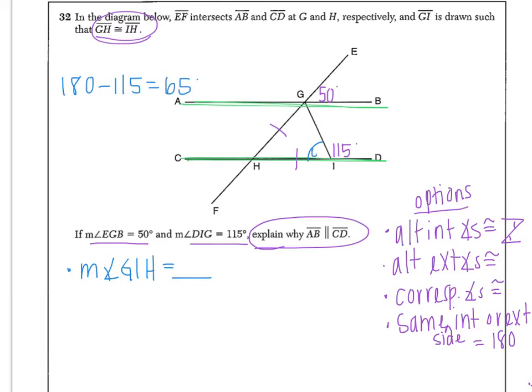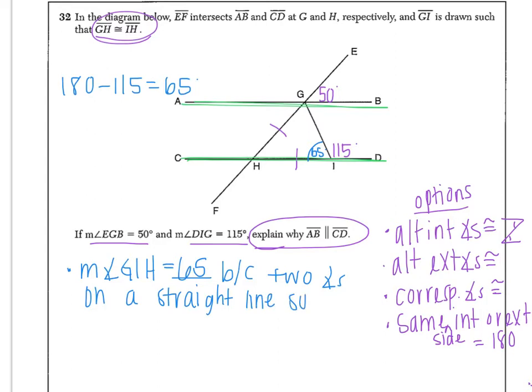So that means that the measure of angle GIH is 65 degrees because two angles on a straight line sum to 180. My next step is to use the fact that I have two congruent sides. If I have two congruent sides, then I must have two congruent angles.